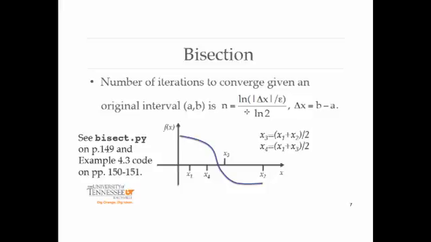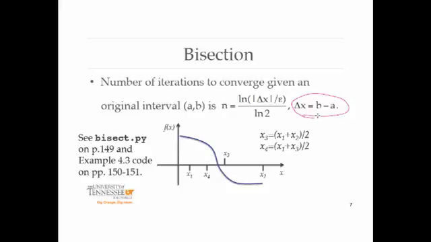Epsilon is the tolerance level the user has specified: once the length of your subinterval where you think there's a root is within epsilon, you're done. Delta x is the original length of the interval you were given to find the root.